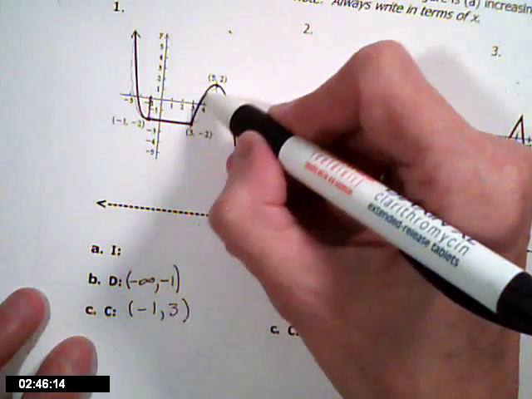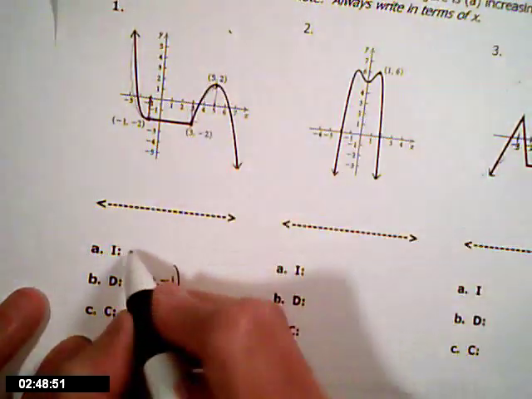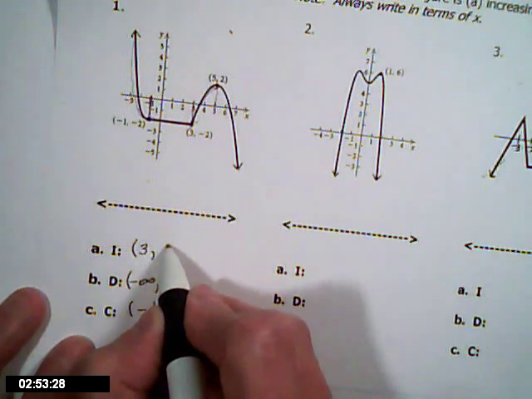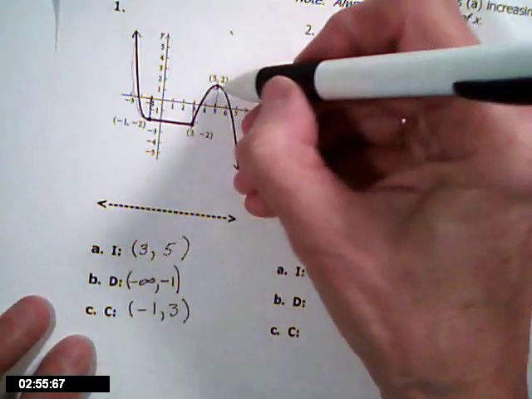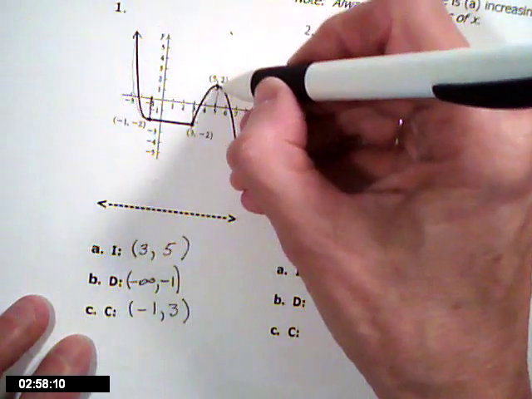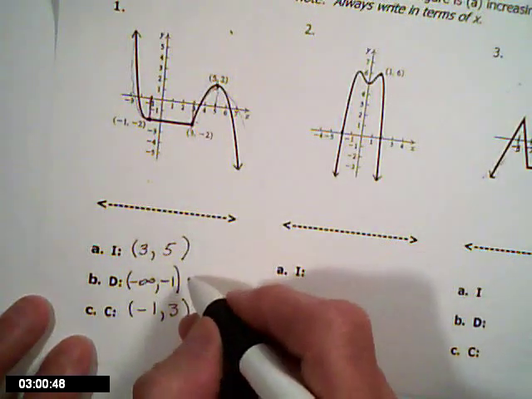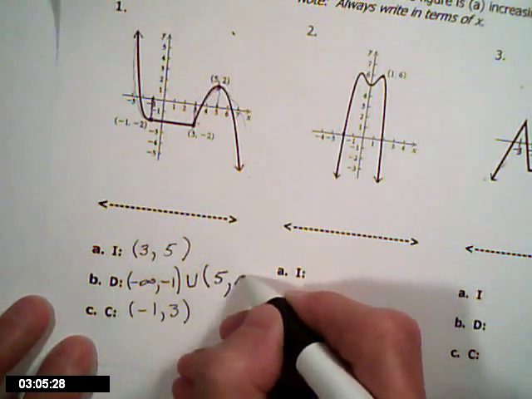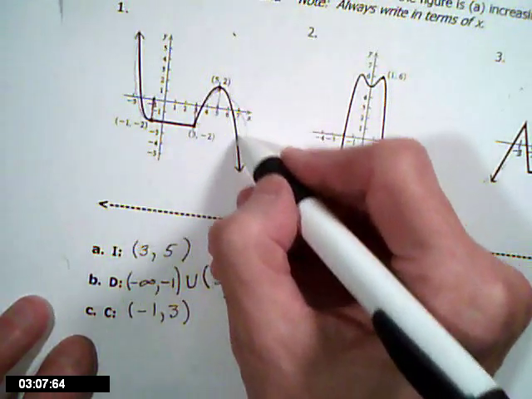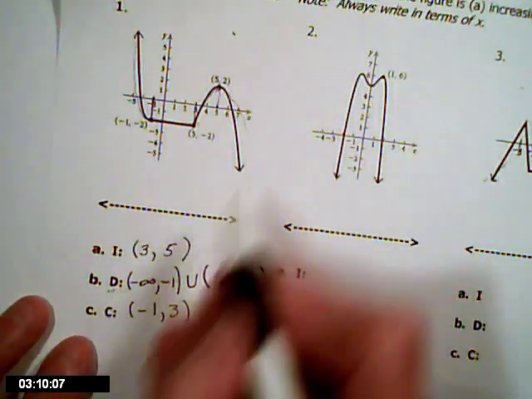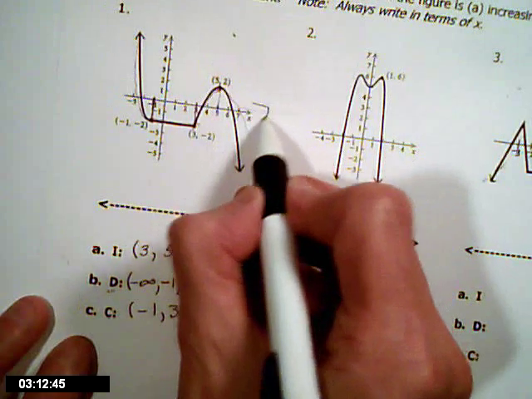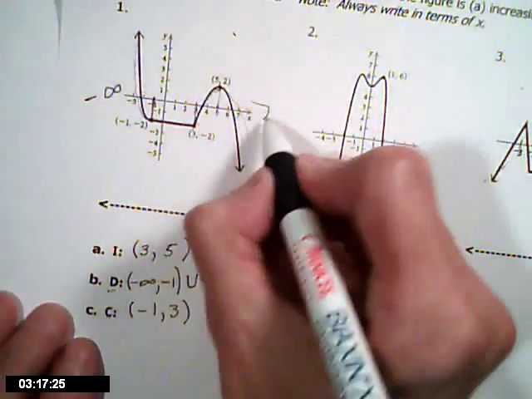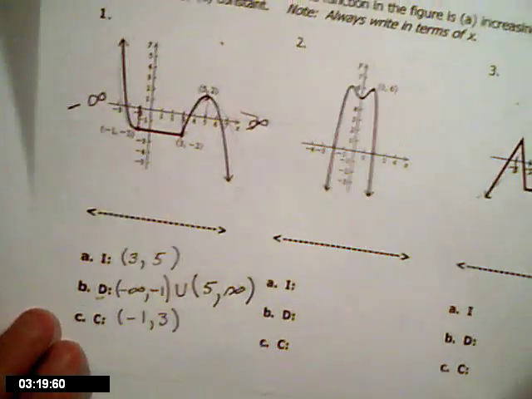Then the graph increased, and it increased from x of 3 to x of 5. Lastly, the graph decreased, and it decreased from x of 5 to positive infinity. Now remember, we're not talking about the graph going down. We're telling you it's decreasing, but it's decreasing on x going to positive infinity. You're reading from -infinity to positive infinity every time.